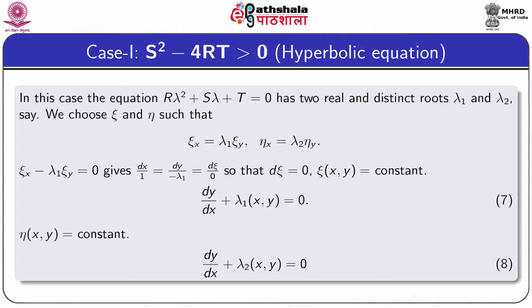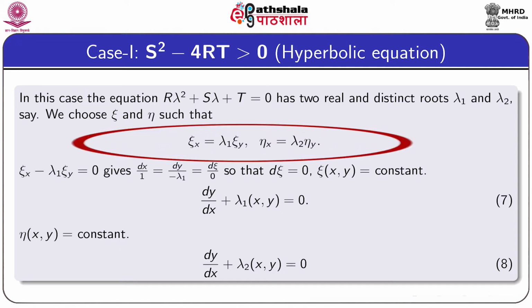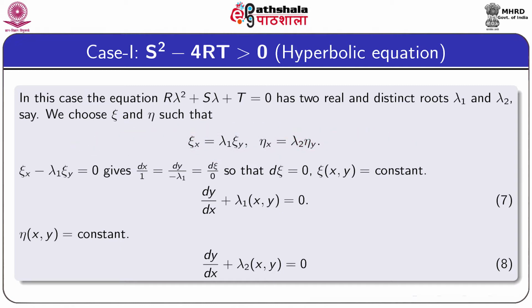Since s square minus 4 RT is greater than 0, this quadratic equation in lambda has 2 real and distinct roots. Let those roots be lambda 1 and lambda 2. Now, we choose xi and eta such that xi x equals lambda 1 into xi y and eta x equals lambda 2 into eta y.